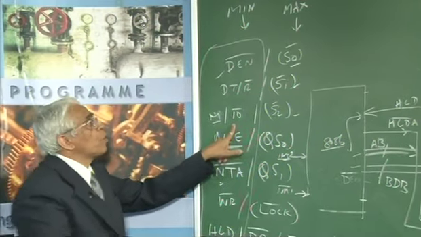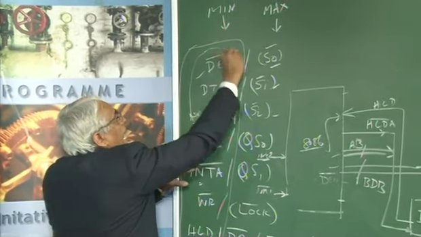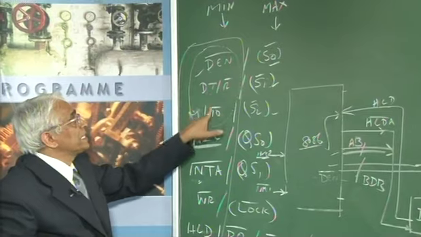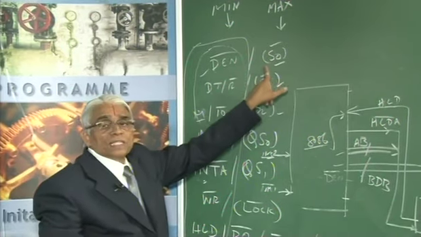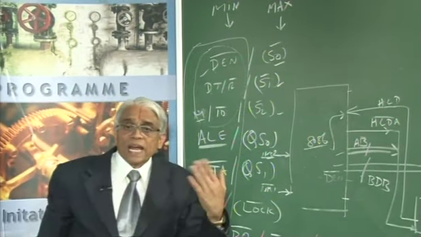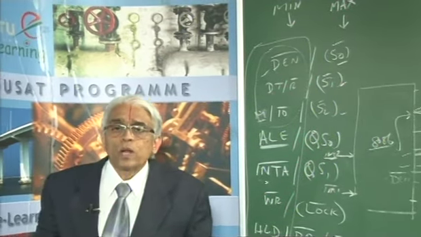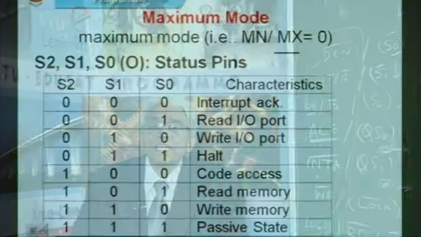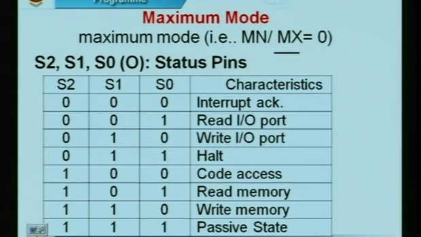In the maximum mode, these pins don't work as those signals; they work as S0, S1 and S2. It has 8 different combinations. One is interrupt acknowledge, another is read IO port, another is write IO port.